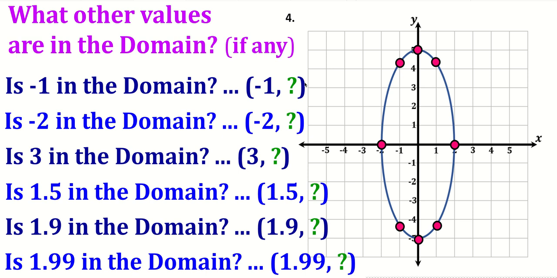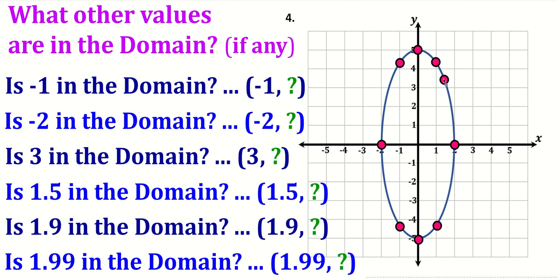Is -1 in the domain? Yeah, -1's in the domain. Is -2 in the domain? Yeah. Is 3 in the domain? Would there be any points on this graph where it's 3 comma something? No. So if you want to put no right here, is 1.5 in the domain? Are there any points where the x-coordinate would be 1.5?